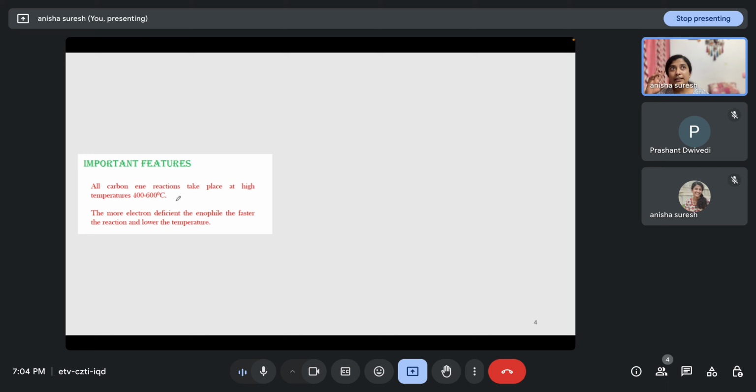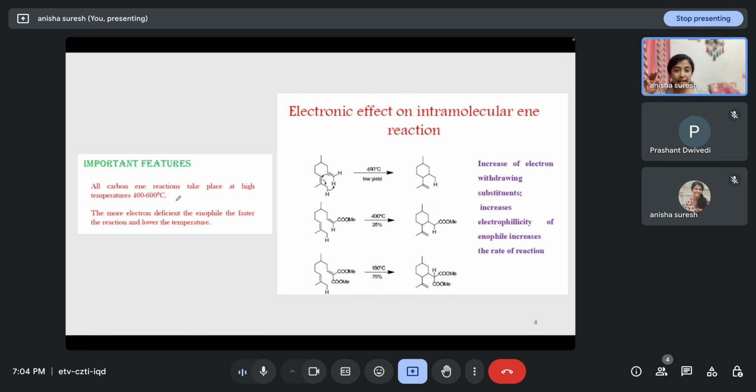I think in the lecture videos I have discussed this example. Here this is the ene component and this is the enophile component. This is an intramolecular ene reaction, and we can see the reaction takes place at around 490 degrees Celsius, that is, at a higher temperature.